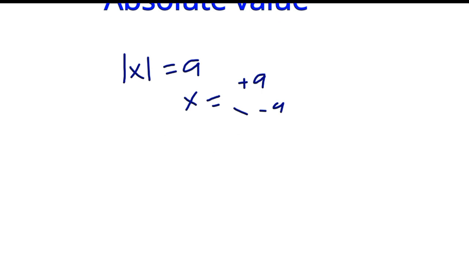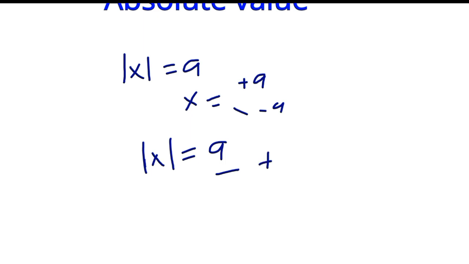Now, there are some points that you need to know when solving absolute values. When you have an expression where the absolute value of x is equal to a, a cannot be a negative number. A should always be positive.